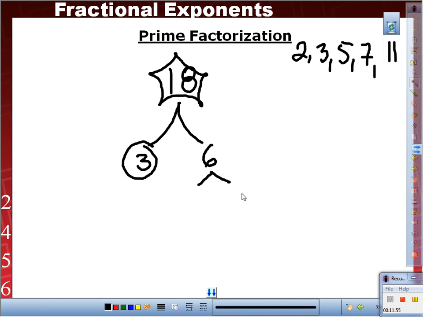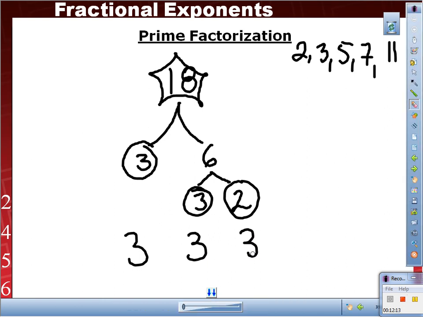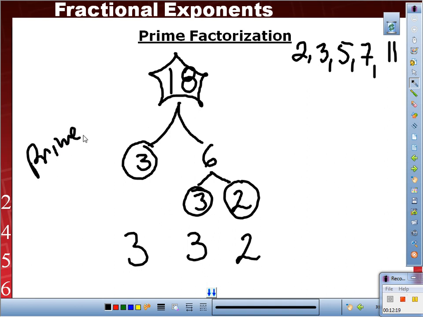Which one of these primes divides into 6? 2, but also 3. I'm going to start with the biggest one, which is 3. And the other one is 2. I also circle it. I can't do anything else because all of these are prime. That means these three are known as prime numbers. However, this process is called prime factorization.